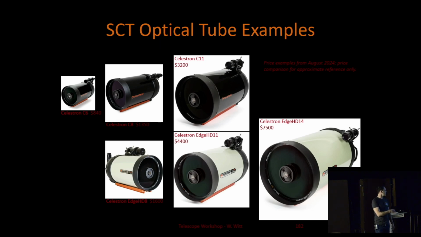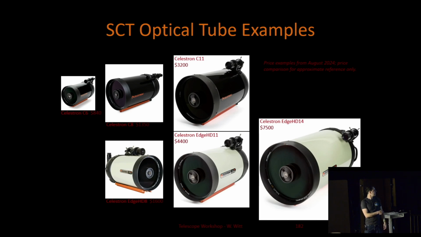And then here you have an additional factor. These are SCTs, 6, 8, and 11. These are SCTs, 8 and 11. But this 8-inch SCT is $1,600, and that 8-inch SCT is $1,350. So what's going on there? As Wolf alluded to earlier with the refractor example, they have different optics.